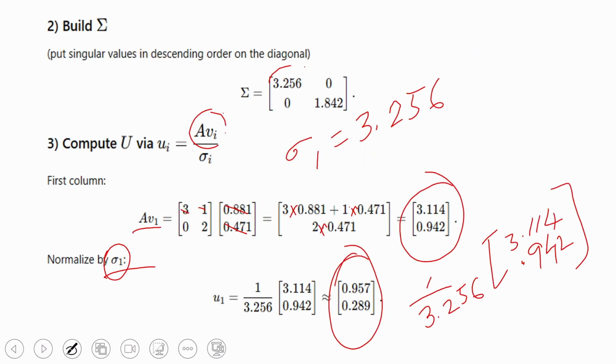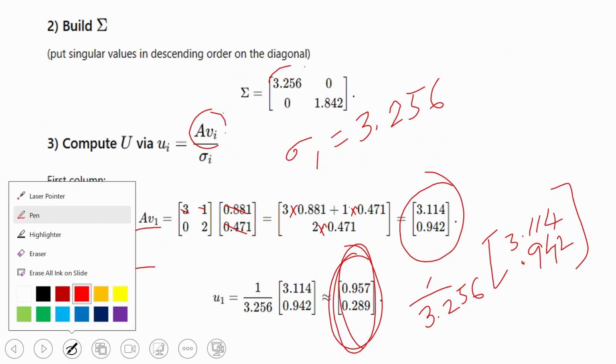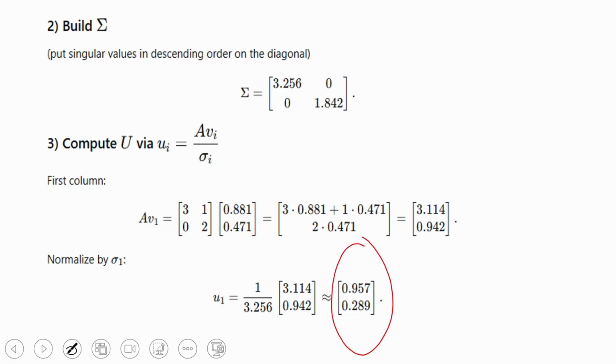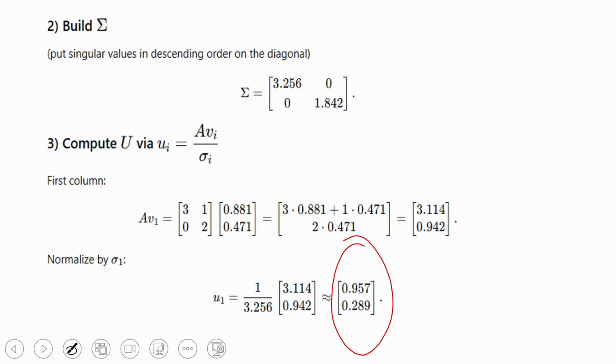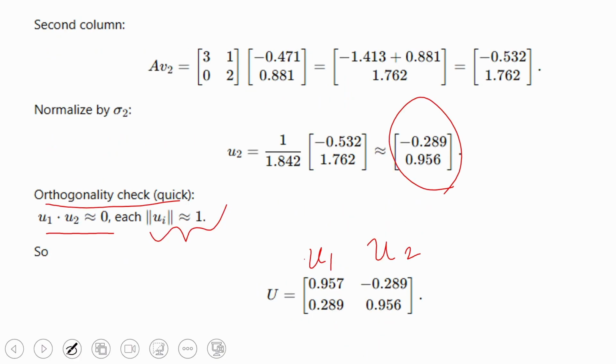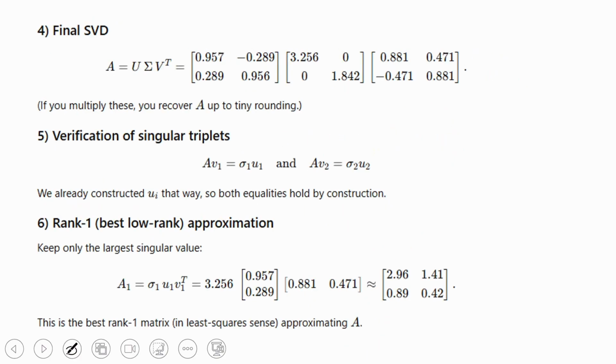The first column of the U matrix is U1, and the second column is U2. So we got the U matrix also.